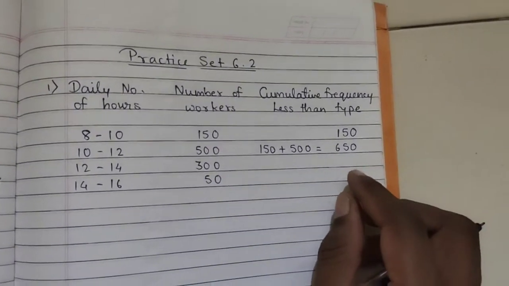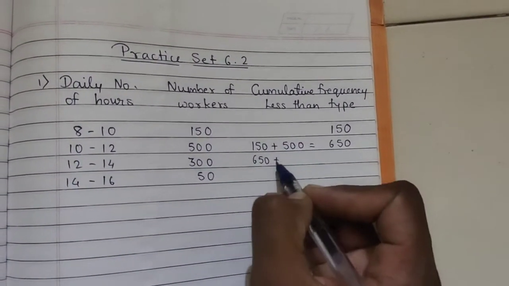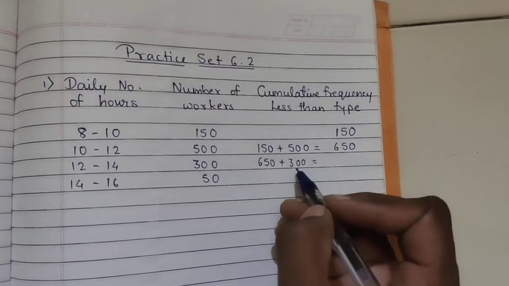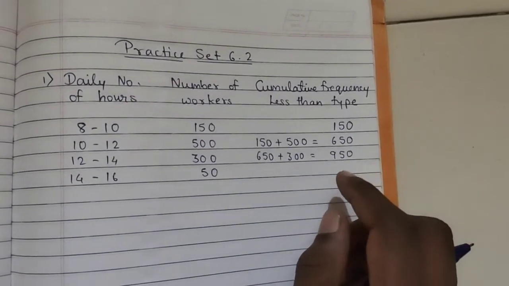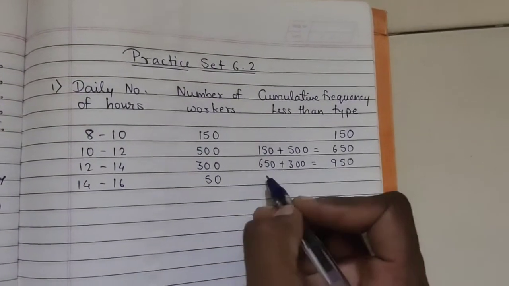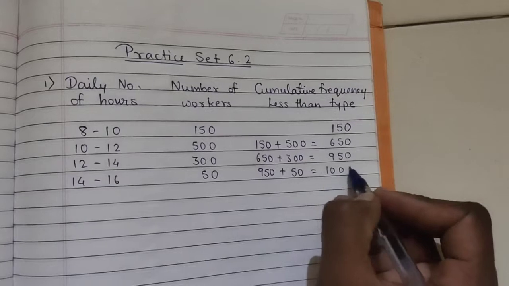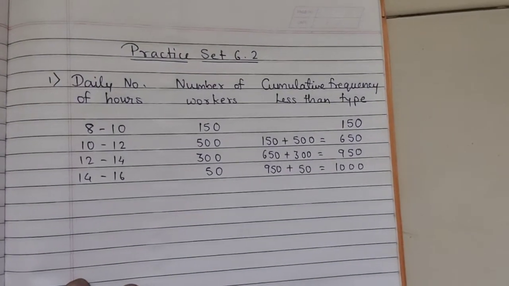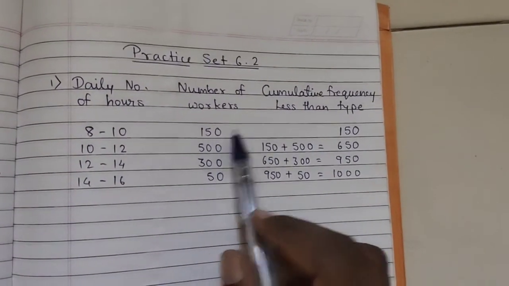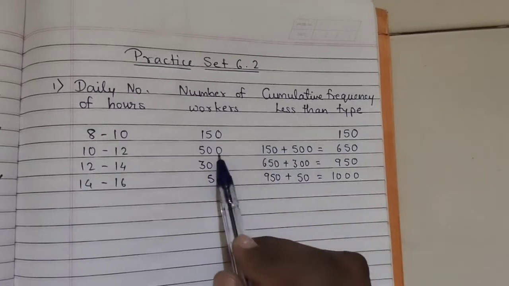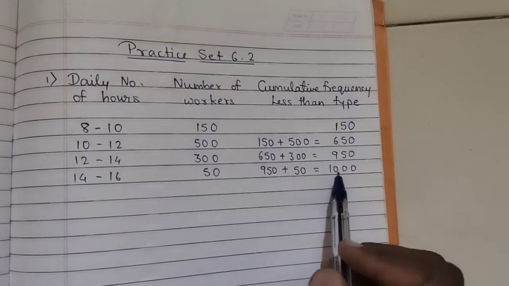Then 650 plus 300, which gives 950. Then 950 plus 50, which gives 1000. So we have done the cumulative frequency less than type. Understood? First keep your first entry as it is, then keep adding: 150 plus 500, 650 plus 300, 950 plus 50, 1000.